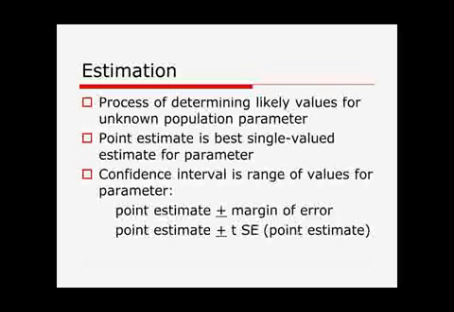They'll often report, we did a poll and 40% of the people we surveyed indicated that they're going to vote for this particular candidate. And then often in small print, it'll say plus or minus 4% or plus or minus 3%. And so what that means is their best estimate is the 40%. But what they really think is it's not exactly 40%. It could be plus or minus 4%, anywhere from 36 to 44%. That plus or minus value is the margin of error.